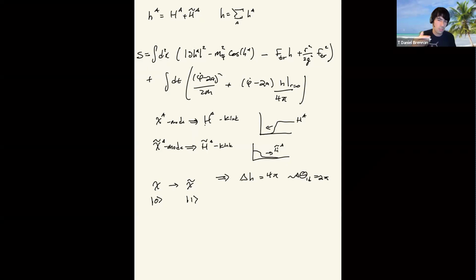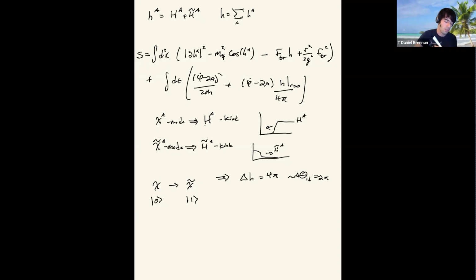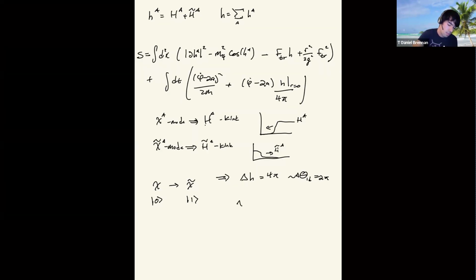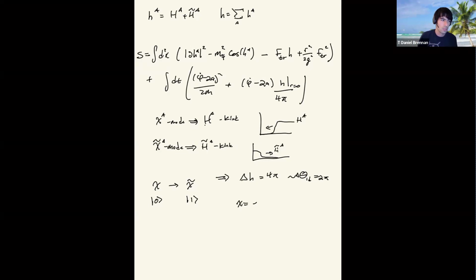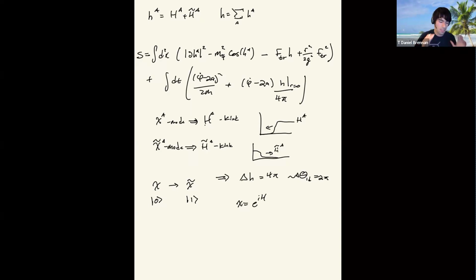So if you literally just trace back where the H comes from in terms of the 4-dimensional fields, chi is e to the iH, and similarly for chi tilde. But chi is just the mode of psi, right?